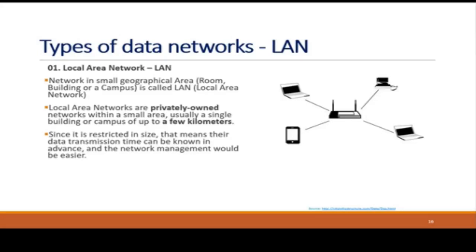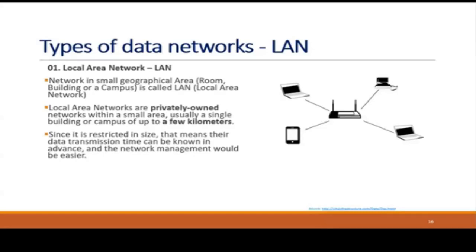It has a number of buildings, in a few kilometers area. But if we consider the University of Peradeniya computer network, it's also a LAN. SLIIT is also a LAN. Your house is also a LAN, right? I need you to identify that even though the sizes are different in these three categories, they still come under a small geographical area and privately owned, and it's a LAN.